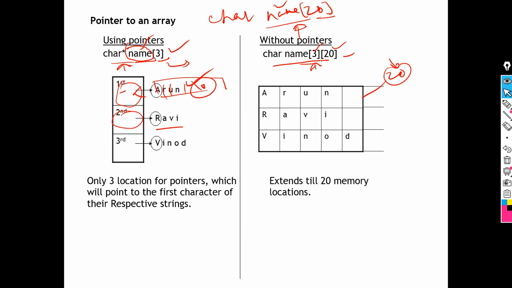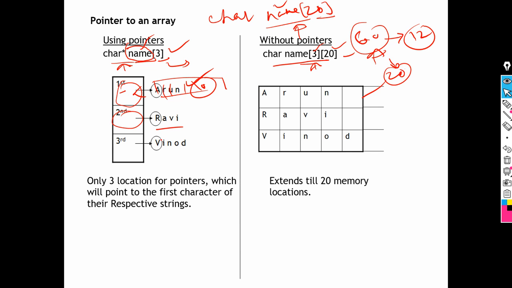Whereas here, if I input the same Arun, Ravi with this array of strings, then 20 character length for each is already allocated. So 3 times 20, 60 character length of memory is allocated here, whether you use it or not, out of which you are utilizing only 12. The remaining 48 character length is still associated here but unused. I can say it is ineffectively utilized.